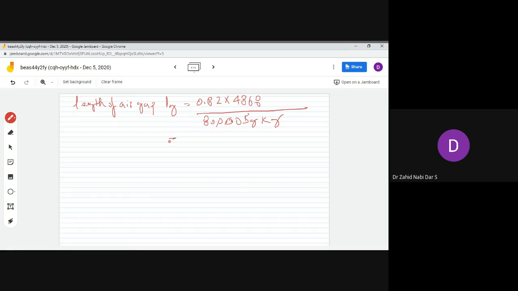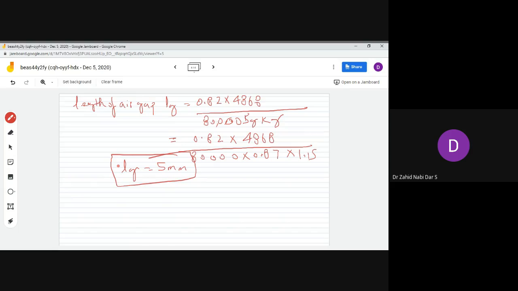So if you substitute it back, 0.82 into 4868 divided by 80,000 into 0.87 into 1.15, this value of the length of the air gap happens to be around 5 millimeter.